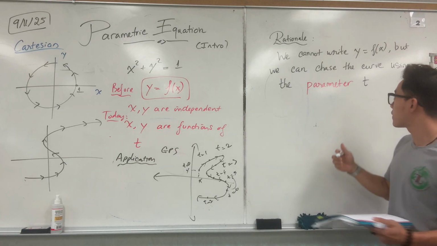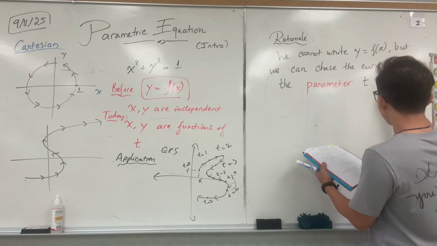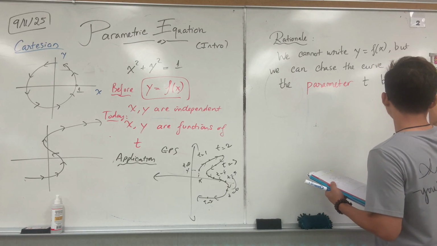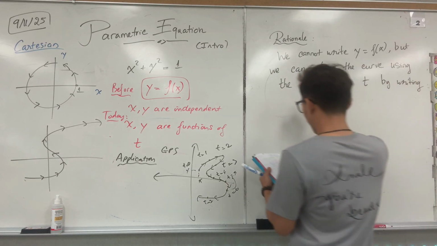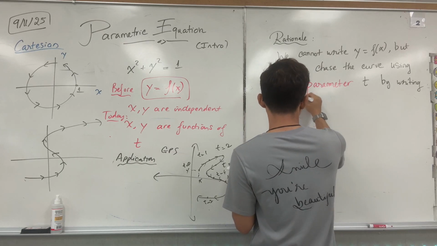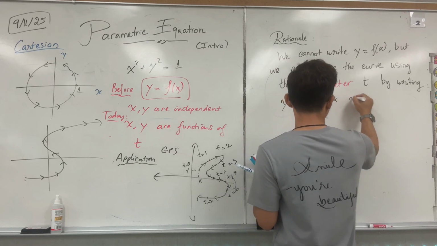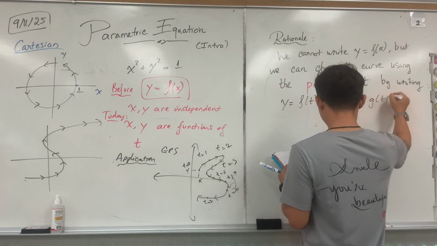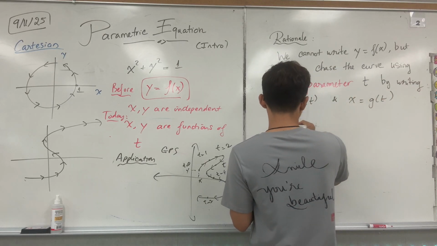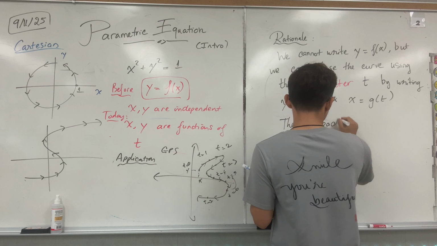So the parameter t, by writing y equal to f(t) and x equal to g(t). I'm going to write carefully because this is the first thing you see in this.